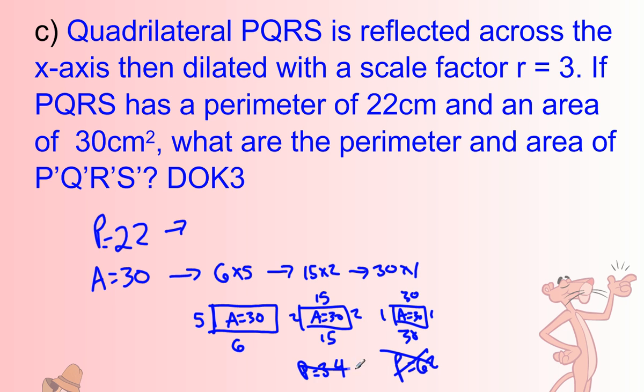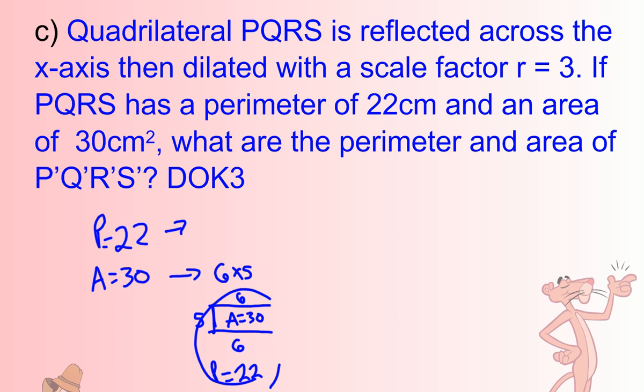That's not going to work for us. This one gives me a perimeter of 6 and 6, 5 and 5, which is 12, and 10 is 22. So if I use this rectangle that has a length of 5 and a width of 6, that might be a good analogy of what's happening in this problem.